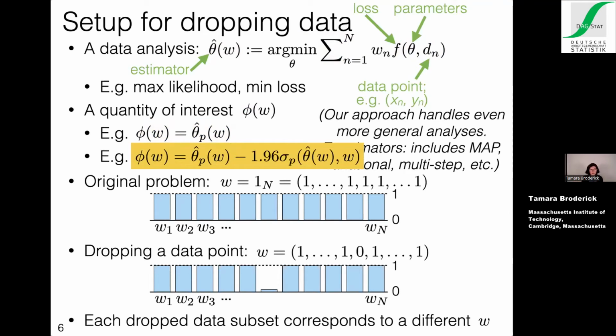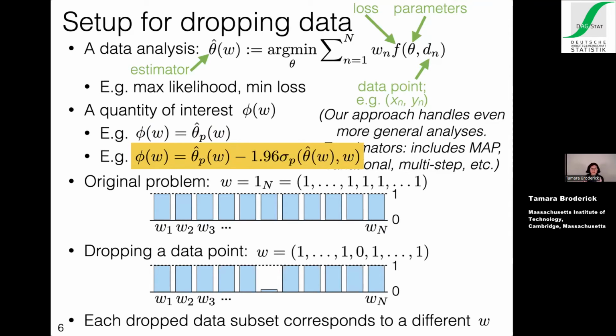So at this point, we observe that phi, this quantity of interest, the thing that we're using to make our decisions, is a function of this weight vector W. We have to compute it, it seems, for every possible dropped data subset. That's a ton of different W. That's way too expensive, so we don't want to do that.